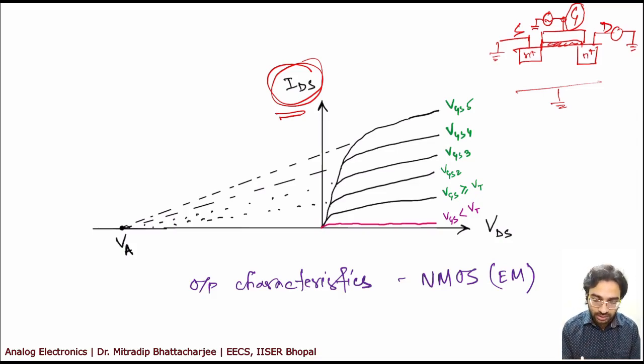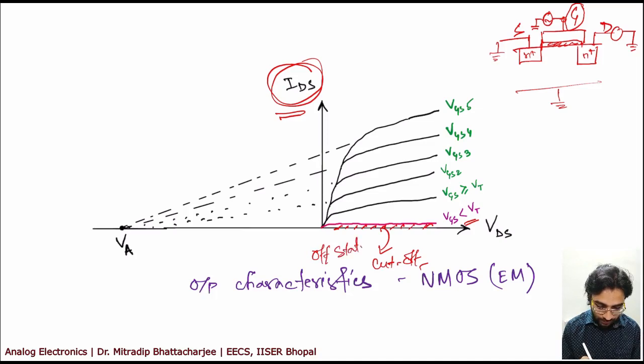If your VGS value is less than Vt, which is this case, you will have very negligible current. Ideally it should be 0, but in practice you will find there is a very negligible current, and this region is known as cutoff, or you can also write off state of the MOSFET.